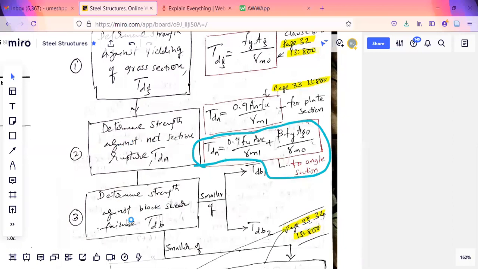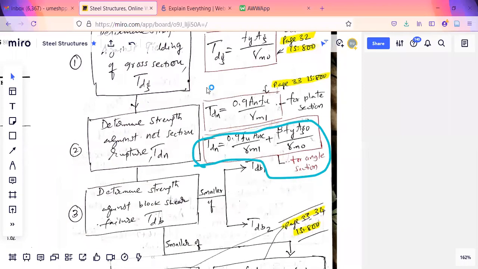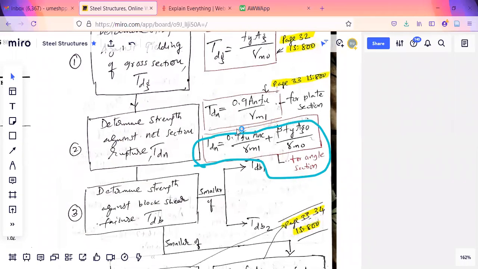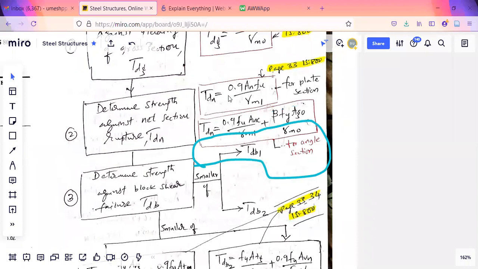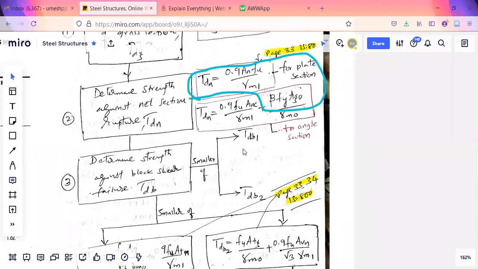Then determine the strength against block shear. I have already explained the block shear problem in the class one hour before. Block shear is calculated using two formulas, TDB1 and TDB2. Out of these two, the smaller should be taken. Finally, once the smaller is taken, the smallest of this, TDN and TDG, the smallest of the three.